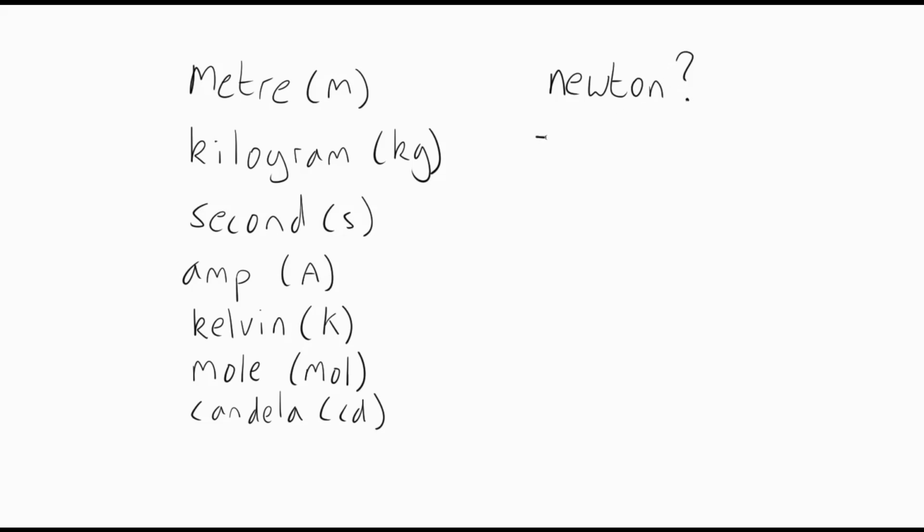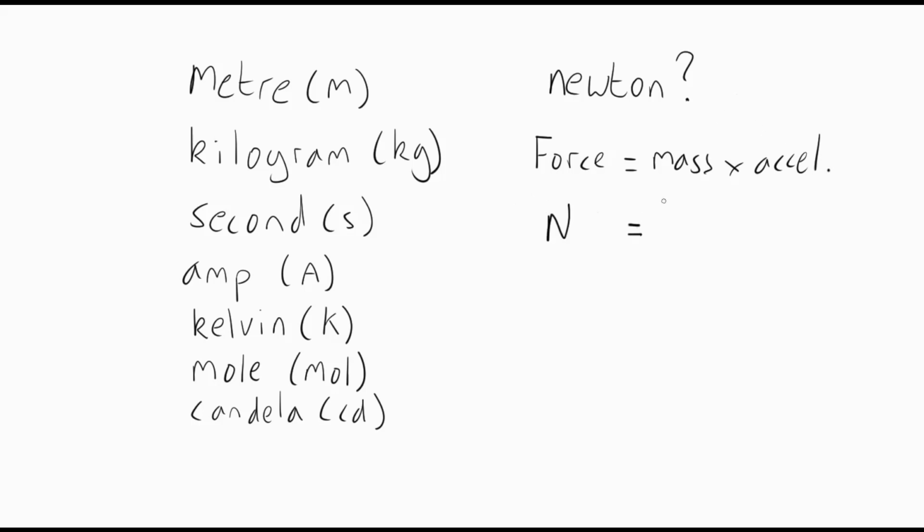Newton is a unit for force, and one equation for force is force equals mass times acceleration. Shall we just consider the units for this equation? Force is measured in newtons.